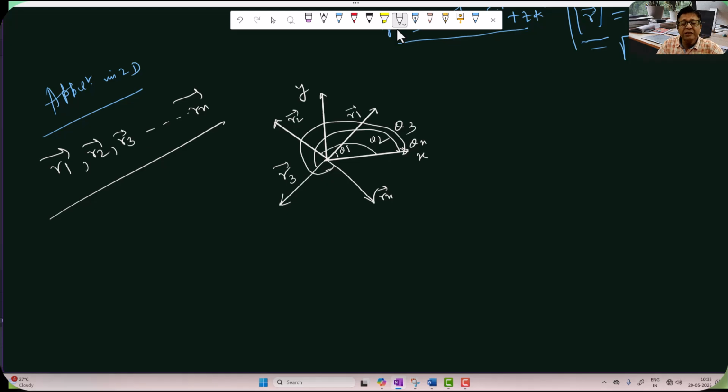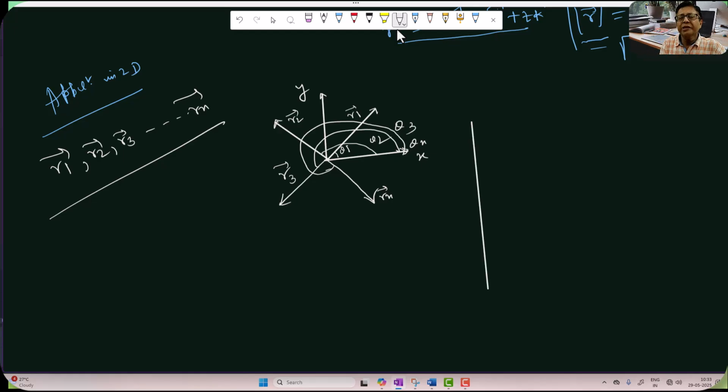See, triangle law and parallelogram law will both not be very useful to find the sum of these n vectors. n is not 2 or 3, it is many. So how to add that?